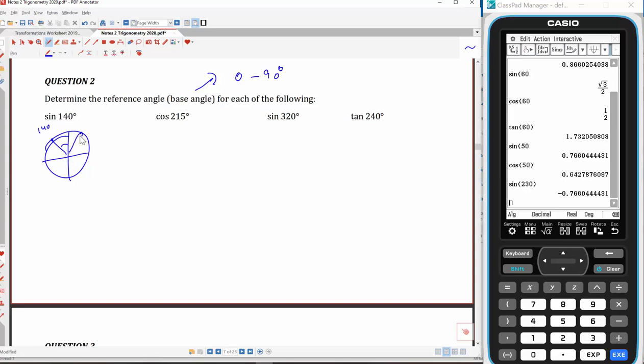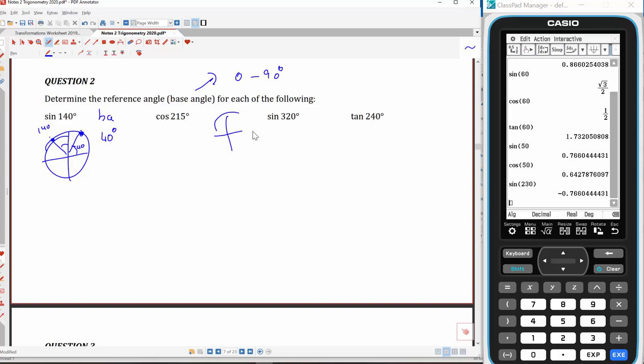So that's going to be the one that is symmetrically in the same spot, albeit the x value is negated. Okay, so that's the one over here. All right, so 140 is actually 40 away from being 180. So this would be 40 degrees. So the base angle here would be 40 degrees. And that would be the equivalent symmetrically to getting the sine of 140, albeit we would have to play with the negatives and positives to produce the coordinates at this point.